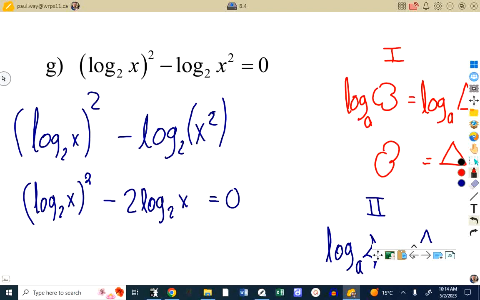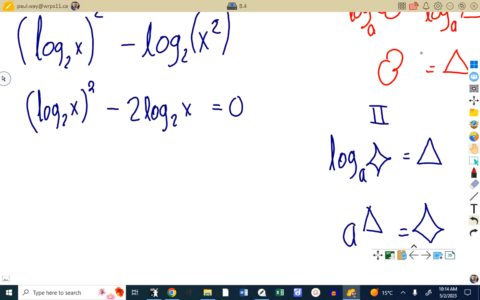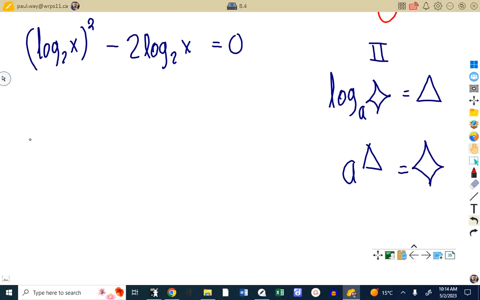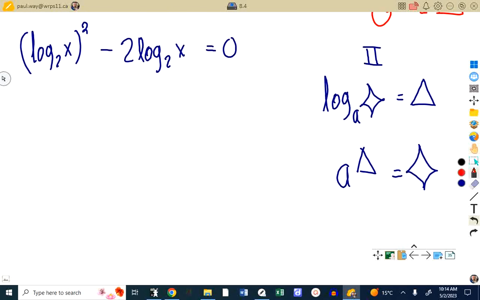Okay. Well, let's learn from that. What do you do when we have what's at the top left of the screen here? You take log base 2 of x out. I factor a log base 2 of x out, and I will have a log base 2 of x minus 2.